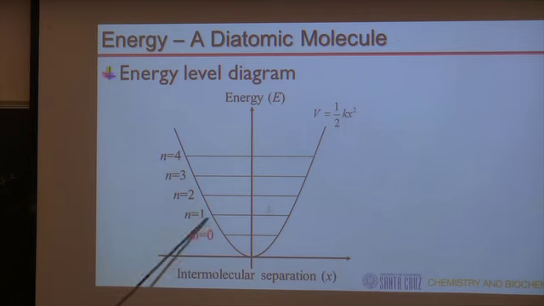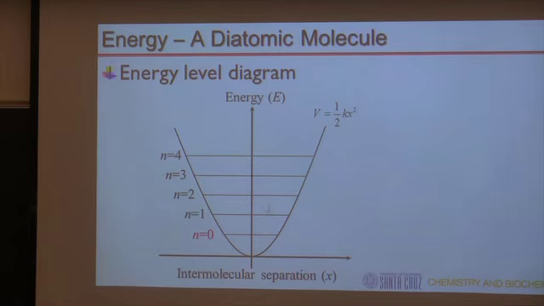With respect to what? Your x-axis, intermolecular separation or displacement, whatever. It just talks about the dynamics, or the location. Something like if you grab two diatomic molecules like this, A and B, because they are vibrating, actually both atoms are moving.